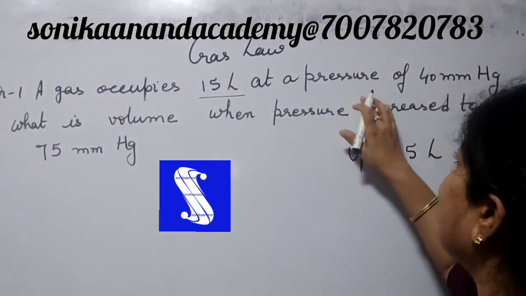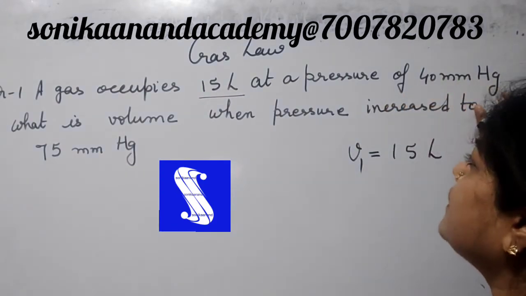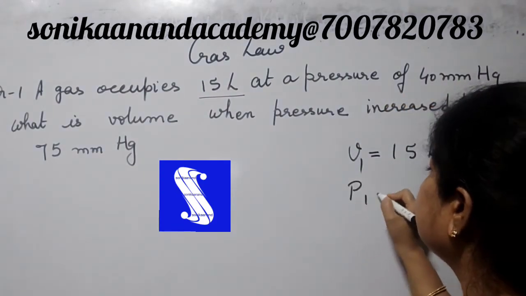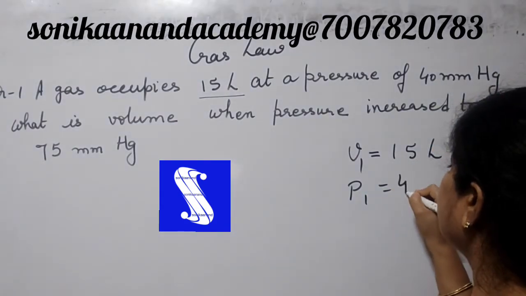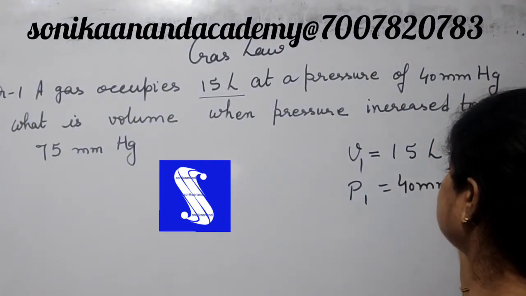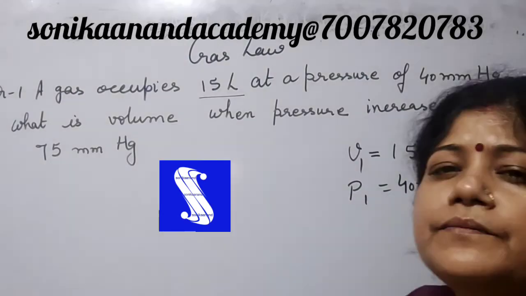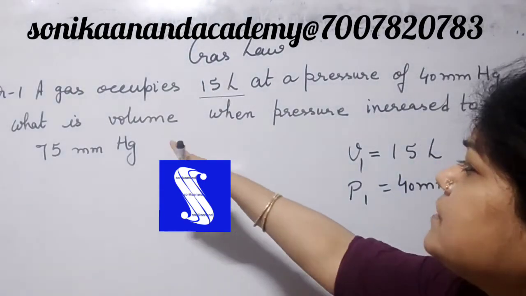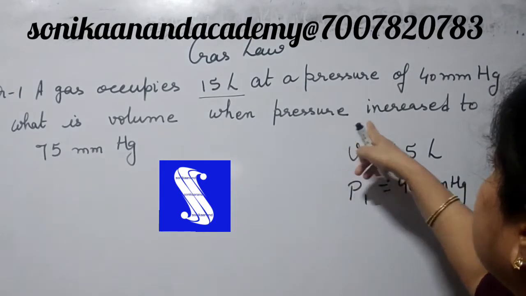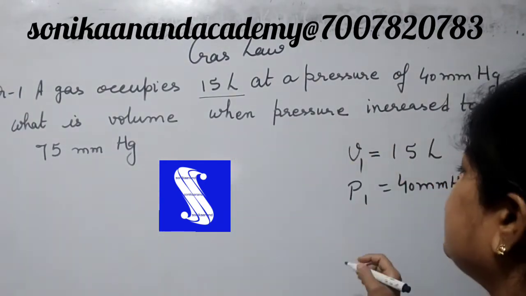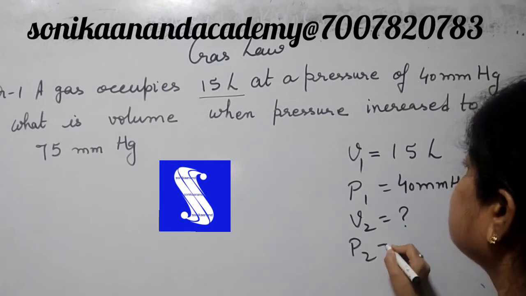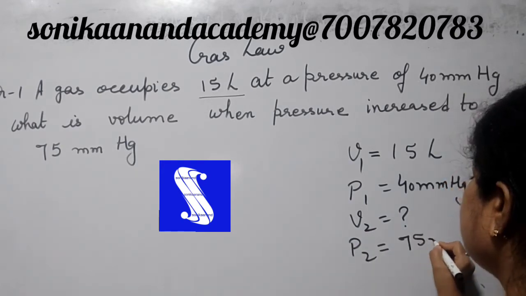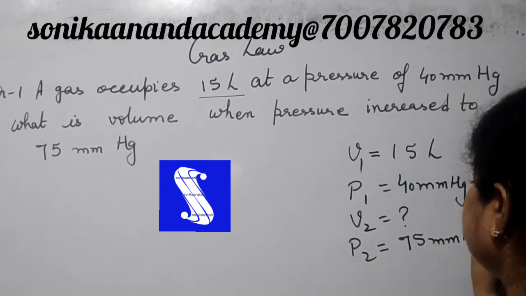Now at a pressure of 40 millimeter Hg, that means this is the pressure at which the volume is 15 liter, and so we write over here 40 millimeter Hg. Now what is the volume when pressure increased to 75 millimeter Hg? That means we have to calculate the volume and the pressure rises up to 75 millimeter of mercury.